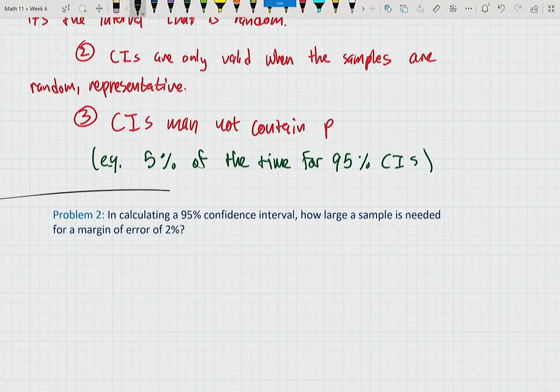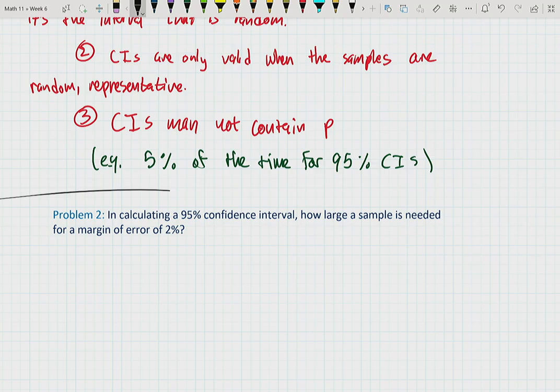Remember when I was talking about presidential polls, and I said that some of the Gallup polls were able to accurately predict the results of presidential elections to within a couple of percentage points. How big were the polls? I mentioned one that was 3,000, which is about how big they do them now.